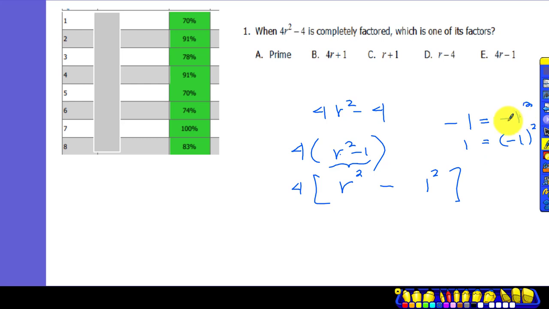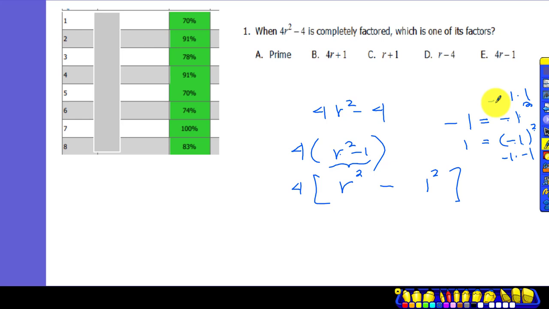But if you have a parenthesis, then the negative is inside the parenthesis, meaning the negative is inside the exponent 2. So that's when you're going to get positive 1, because this one means negative 1 times negative 1. This one means negative of 1 squared, which is 1 times 1, which is negative 1. Okay, so I know you're confused about the minus 1. Is it really equal to negative 1 squared? Yes, these two are really equal.